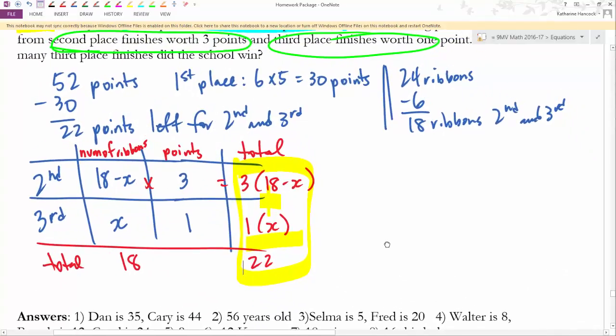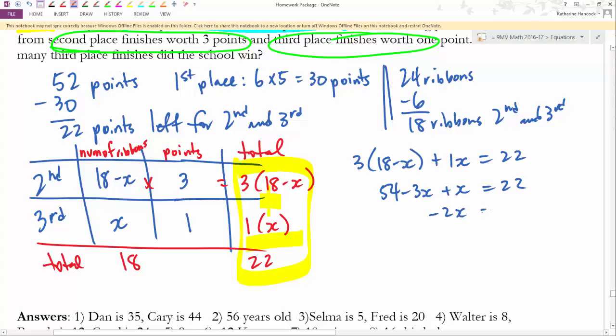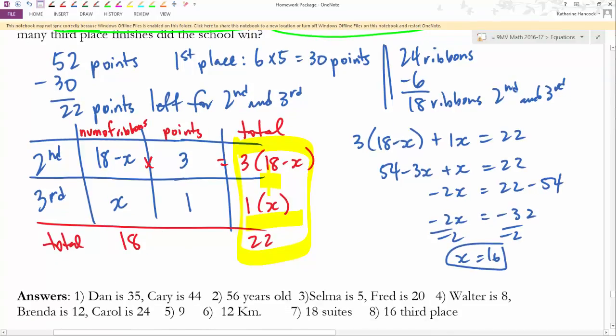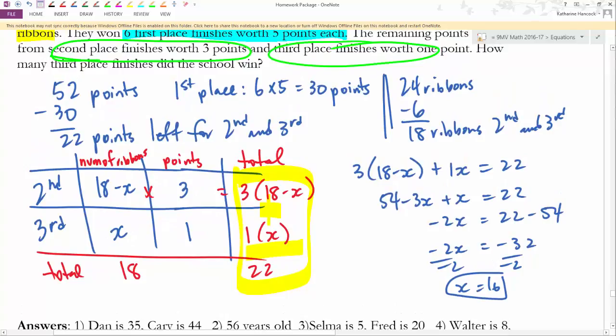So I get 3 bracket 18 minus x, close bracket, plus 1x equals 22. 3 times 18 equals 54, minus 3x plus x equals 22, minus 2x equals 22 minus 54, which is minus 32. Divide by minus 2, you get x equals 16. So 16 third place finishes.